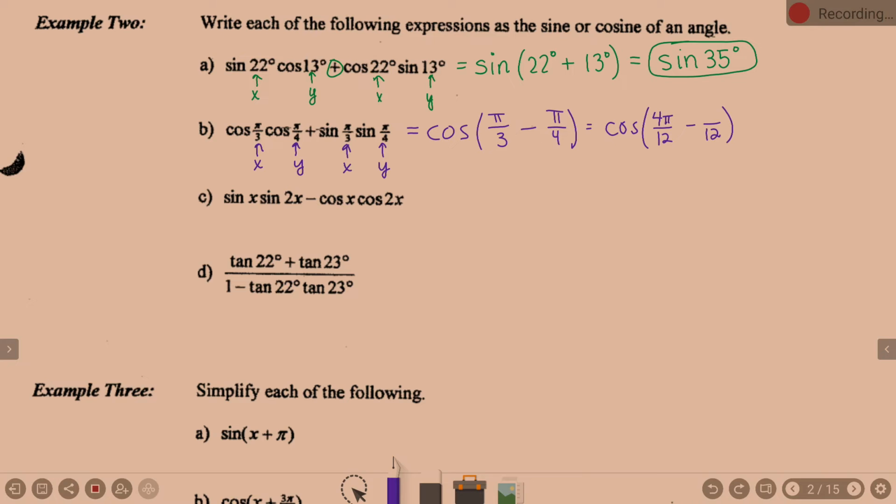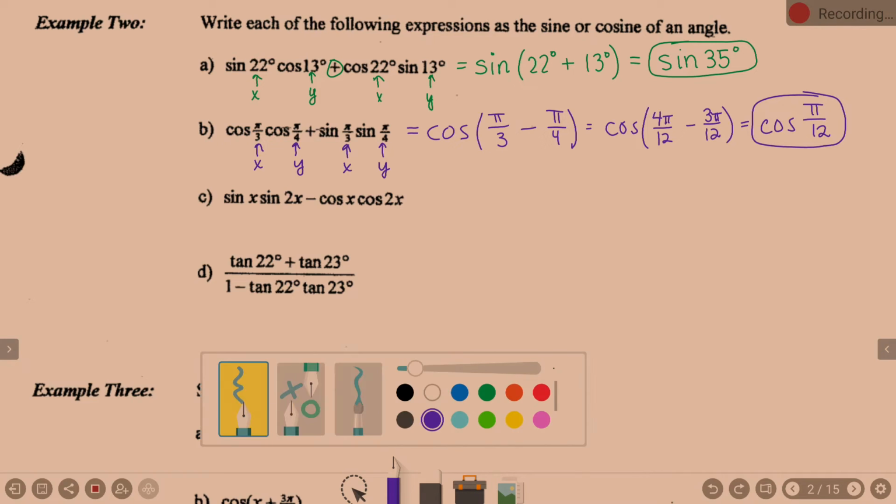So 3 times pi is 3 pi. What's 4 pi over 12 minus 3 pi over 12? Pi over 12. So this answer is cosine of pi over 12. I like this chapter. Don't be scared of the fractions. Work them.